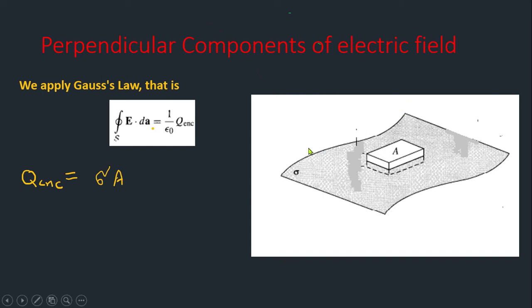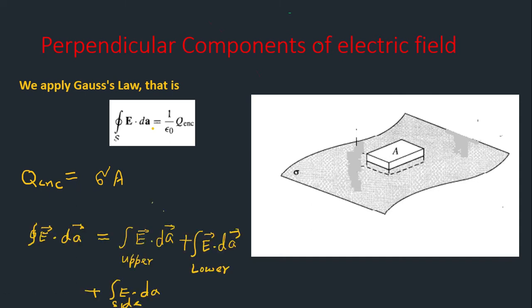The surface charge has surface charge density sigma, defined as charge per unit area. So if you multiply it with the cross-sectional area of the pillbox, you find the charge enclosed: Q enclosed is equal to sigma A.